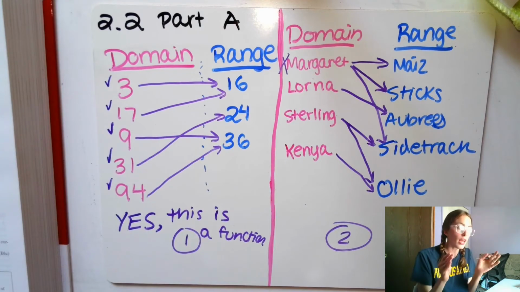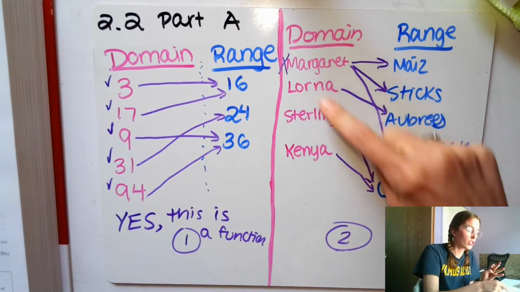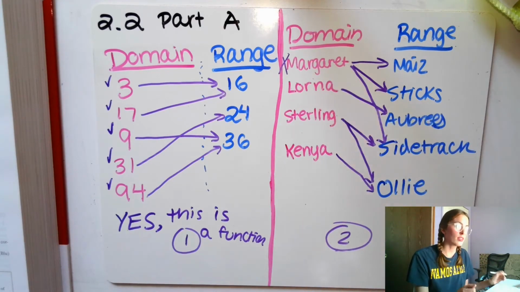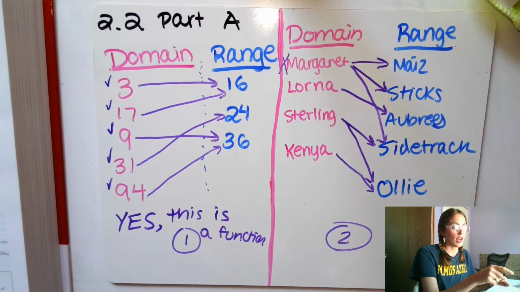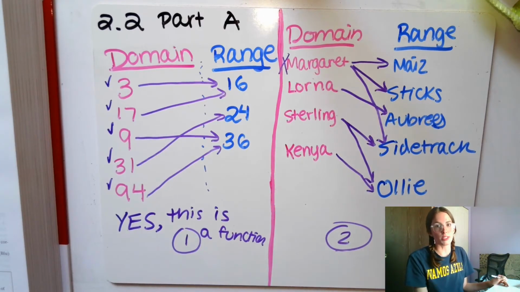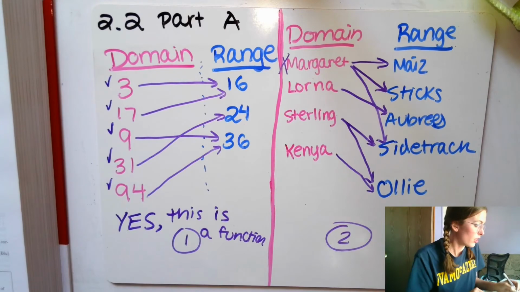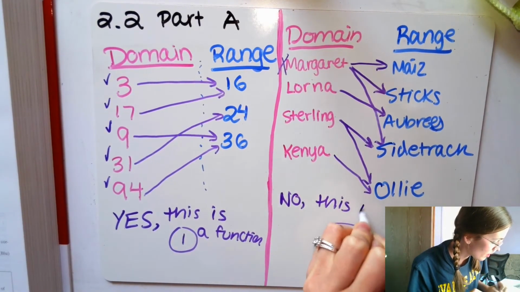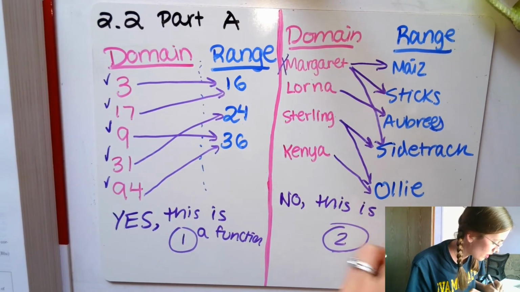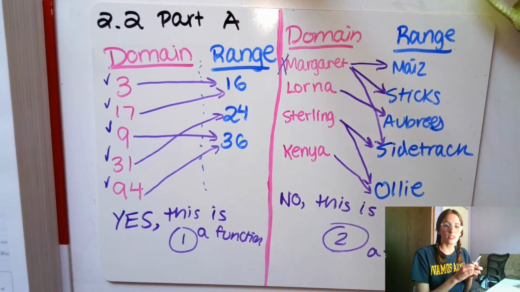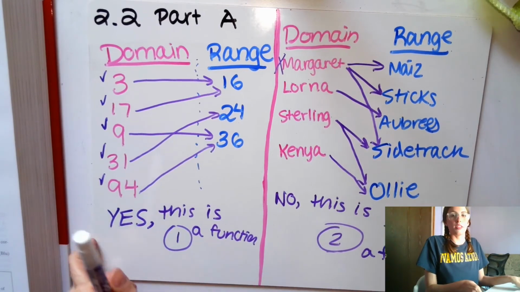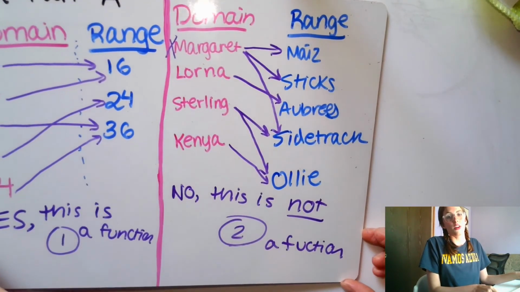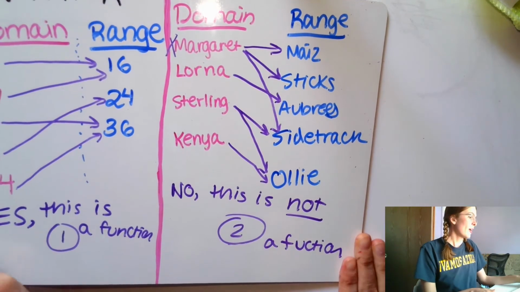If I only liked eating at Maze, and each other person only liked eating at one place, we'd be set. But I like eating at 3 different places in Depot Town. So that's not a function. No, this is not a function.